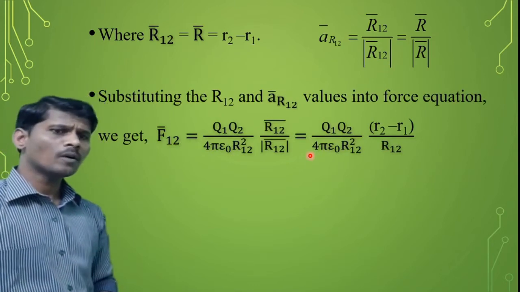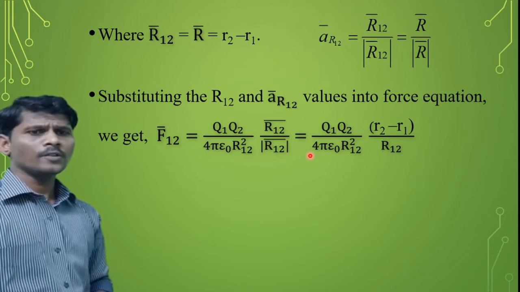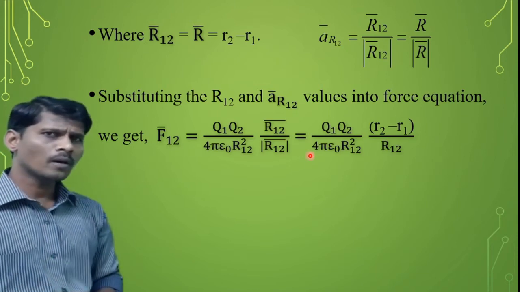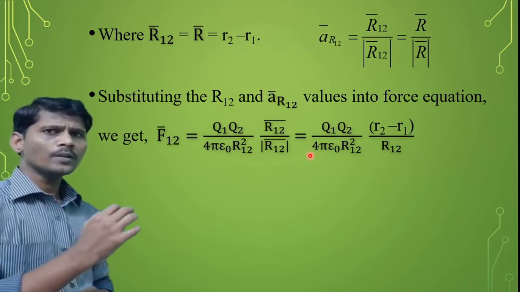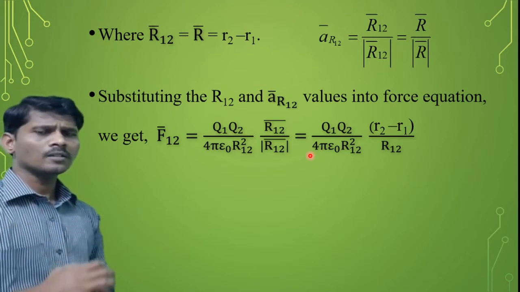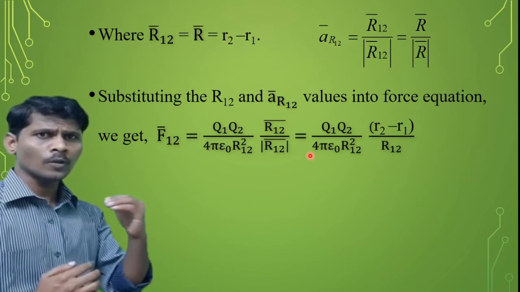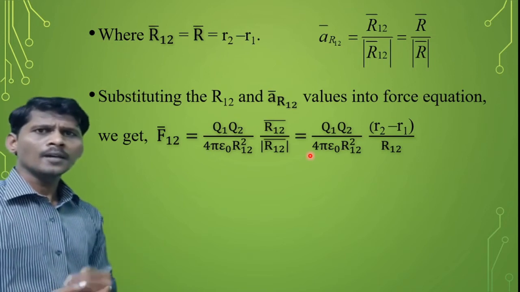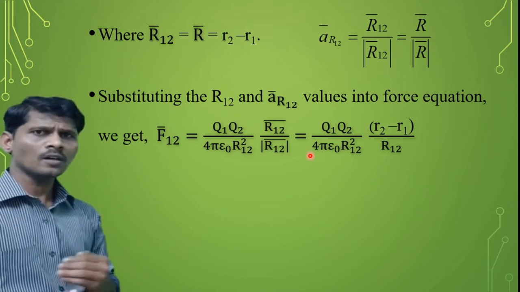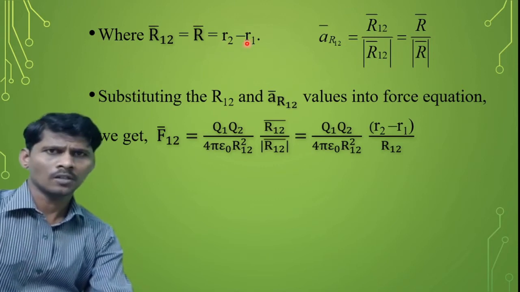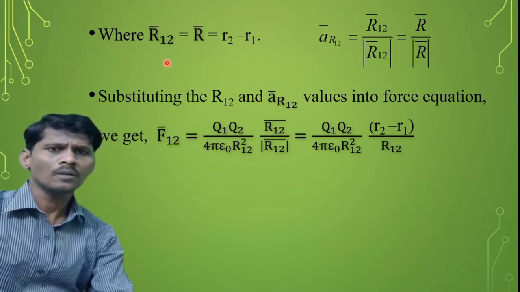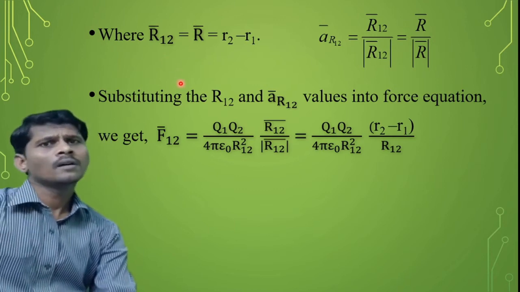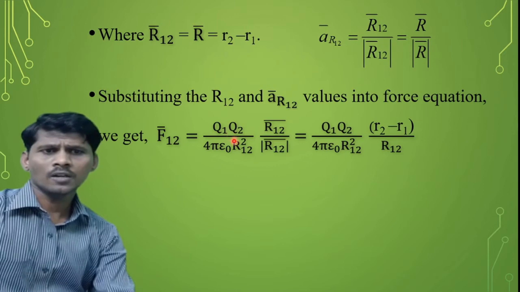Substituting the R12 bar and AR12 bar values into the force equation, we have F12 bar, or F bar, equal to Q1 Q2 by 4 pi epsilon naught R12 square into AR12 bar. What is the definition of the unit vector? R12 bar by the magnitude of R12 bar. R12 bar is R2 minus R1, and the magnitude of R12 bar is the magnitude of R2 minus R1.